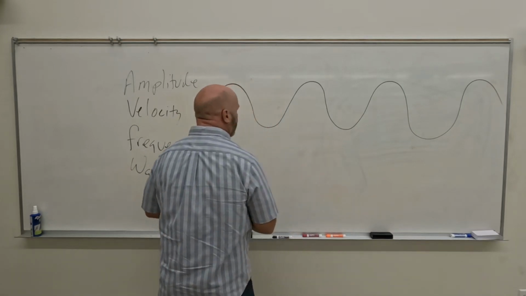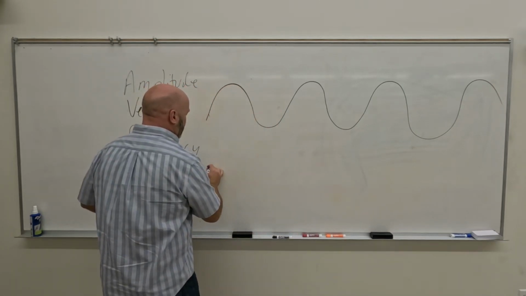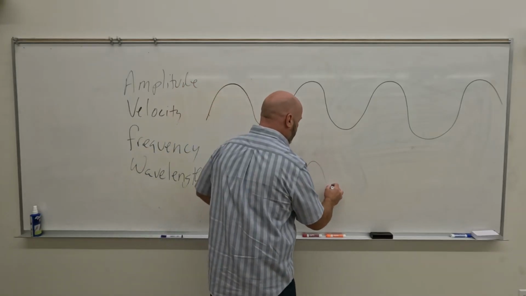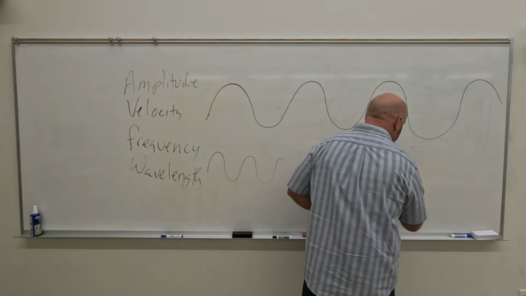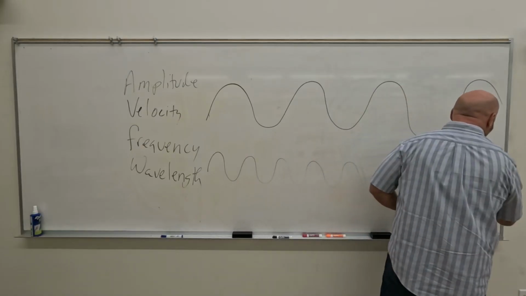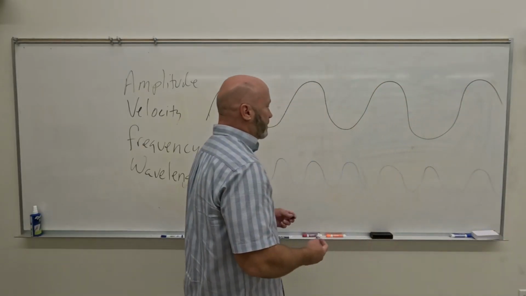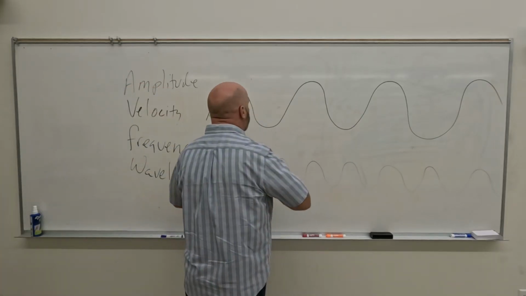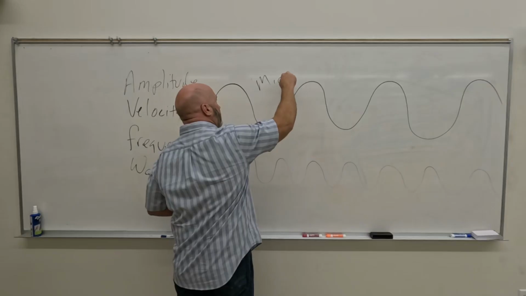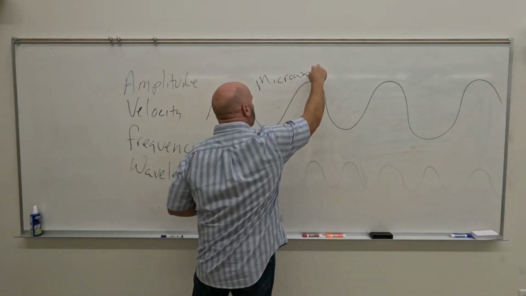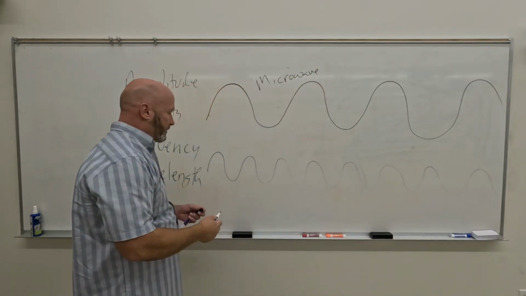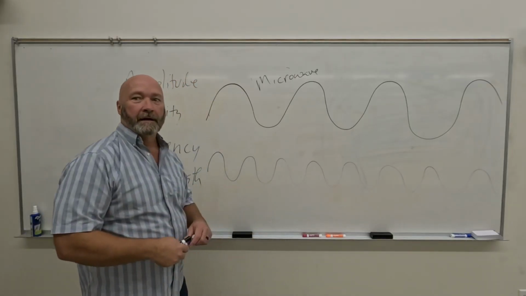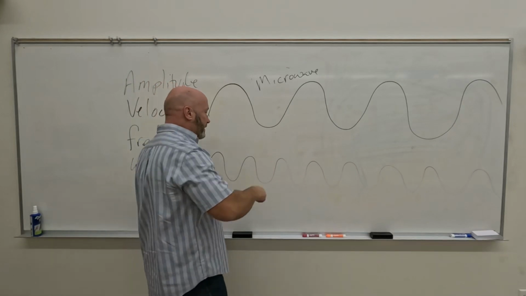We'll go with the purple marker. Okay, so let's say we've got microwaves up here. Where is microwave on your diagram? Right above radio frequency and directly below infrared, which is directly below visible light. So we're going to call this visible light.